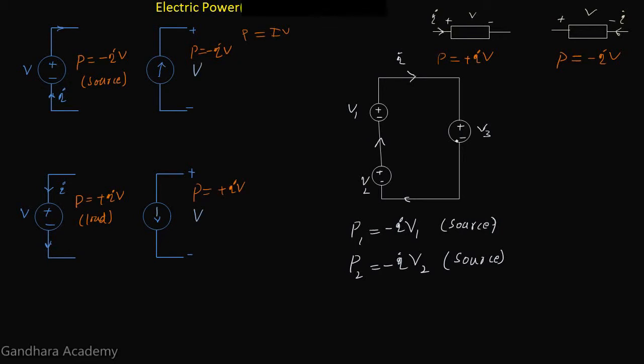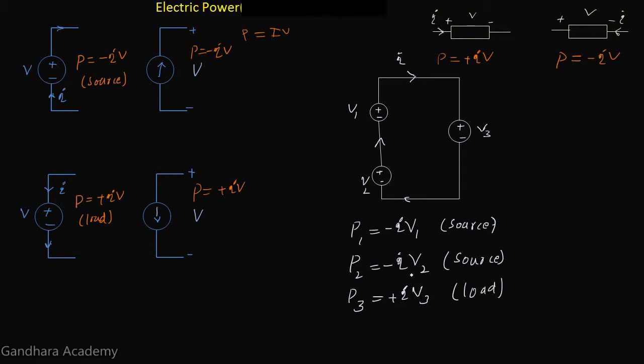And in case of the third component, let's say the power is P3 equals: the current here is entering at the positive side and leaving the negative side, so the power in this case is positive, the current through this component is I, and the voltage across this component is V3. So this component is used as a load because its power is positive.